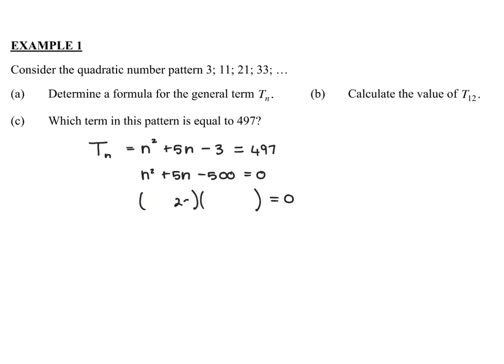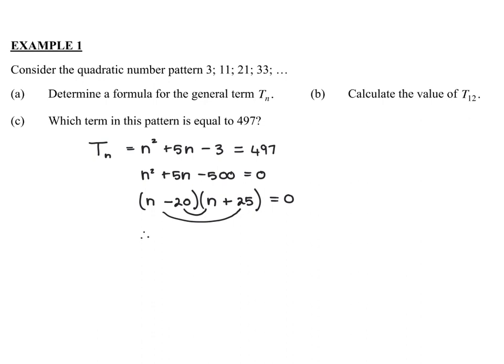But 20 times 25 is 500, and the middle term is plus 5n. So that's why you use plus 25 and minus 20, minus 20 times plus 25 is minus 500, and n times n. And if you look at the middle term, minus 20n plus 25n, that's plus 5n.